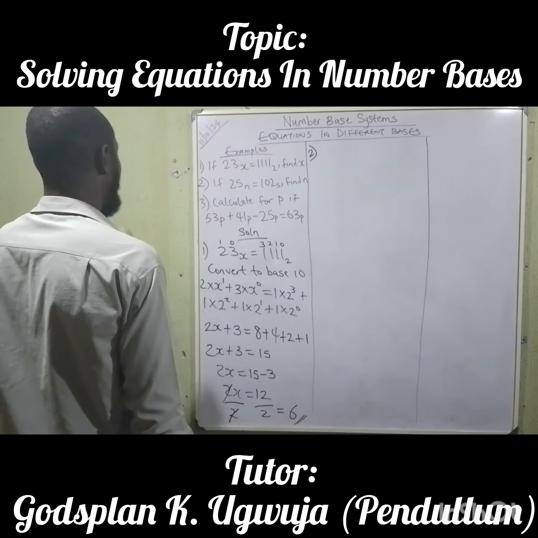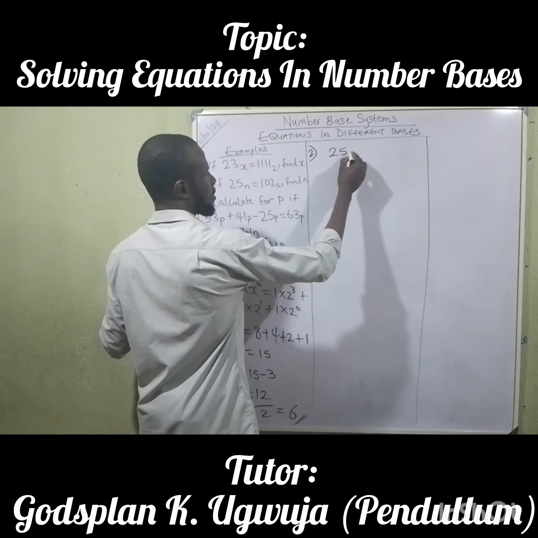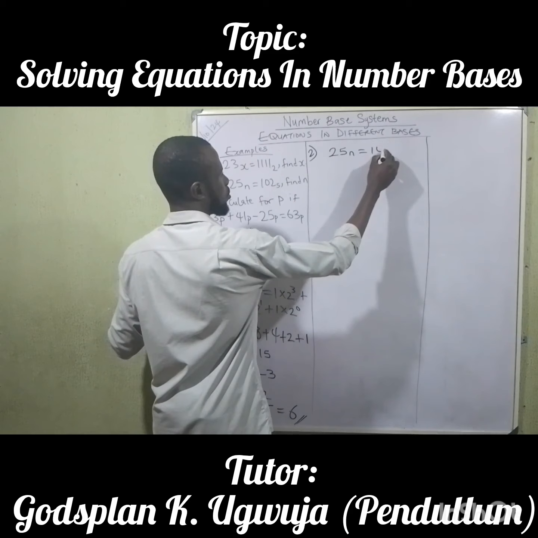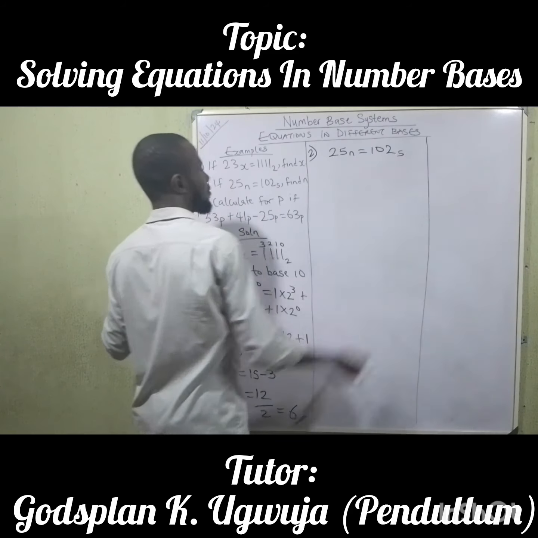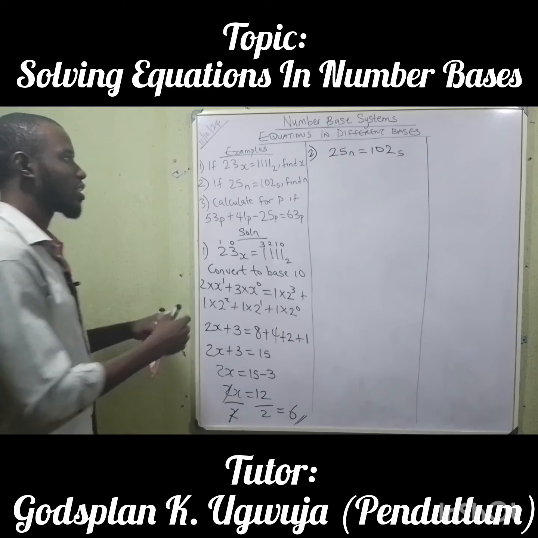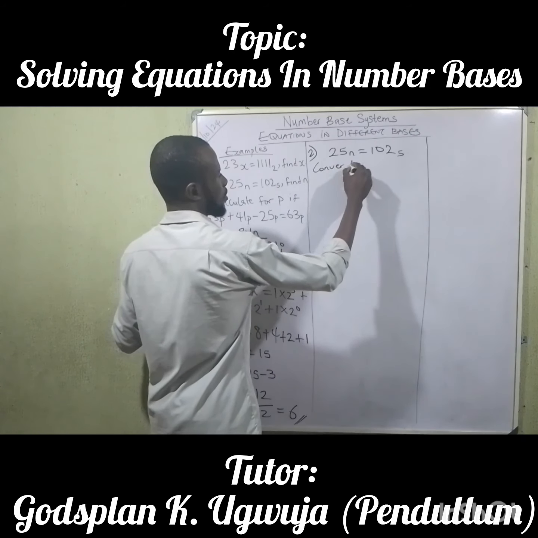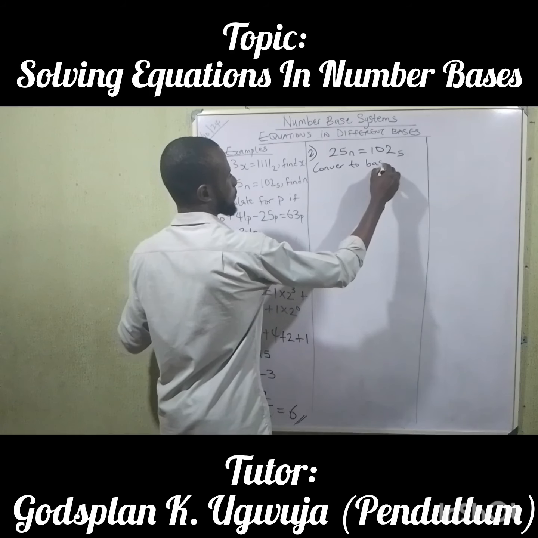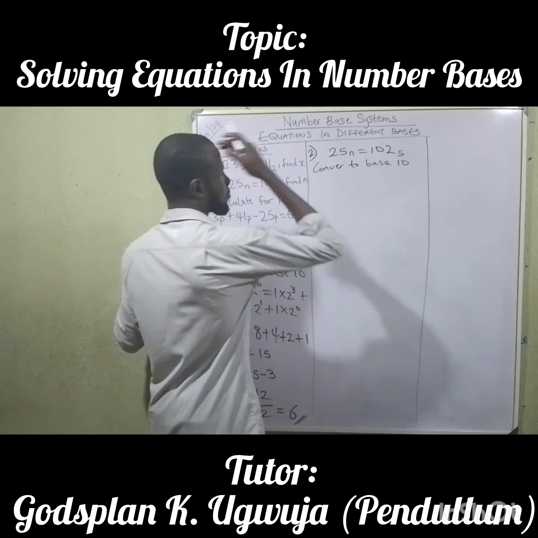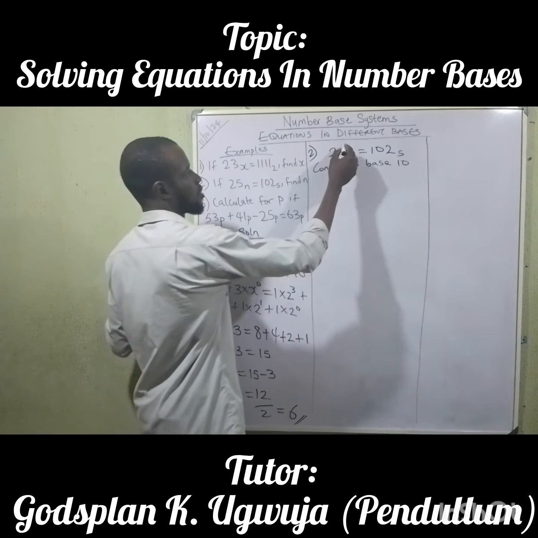So let's look at the second one. We are told that 25 in base n is equal to 102 in base 5. Well, we are meant to find n. Same process, convert to base 10. And we still convert again by expansion.